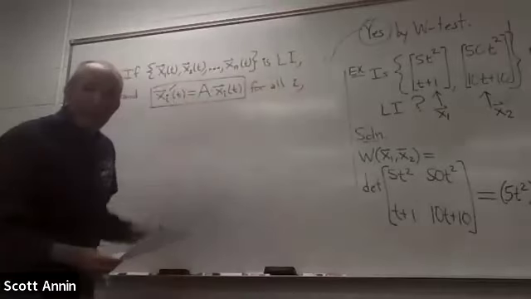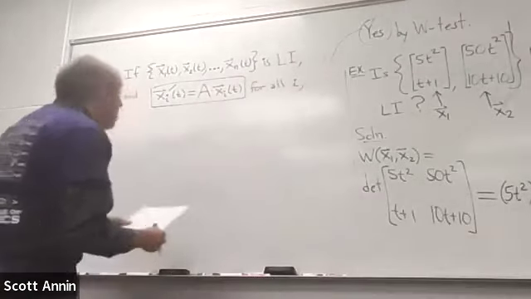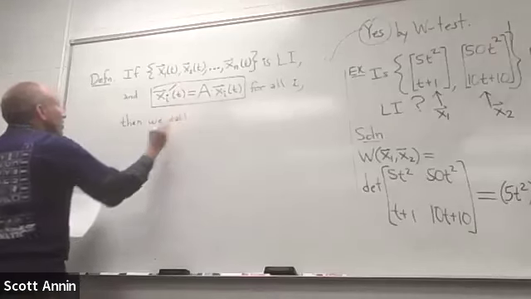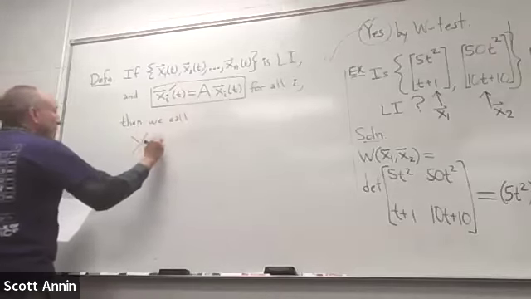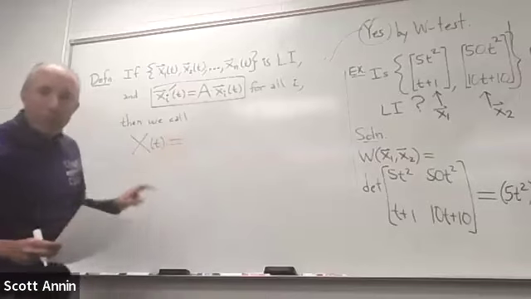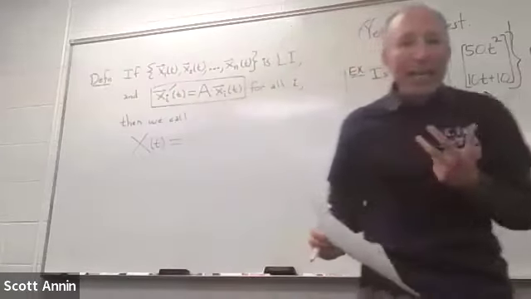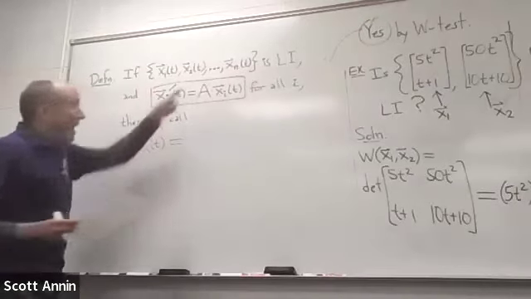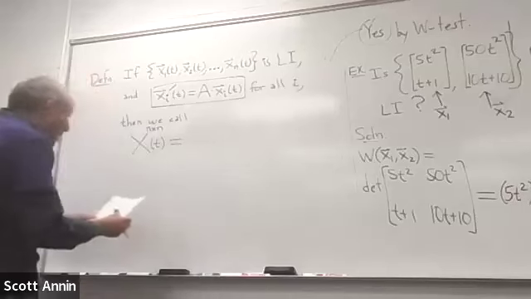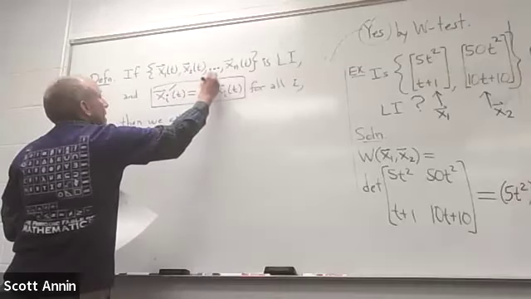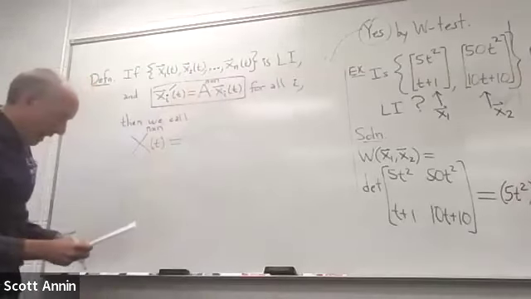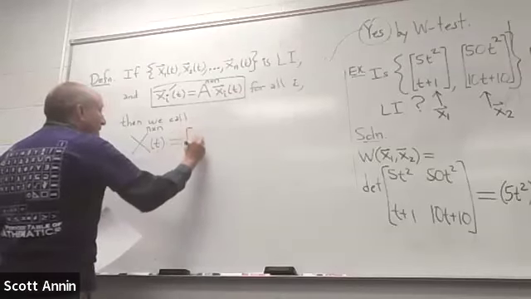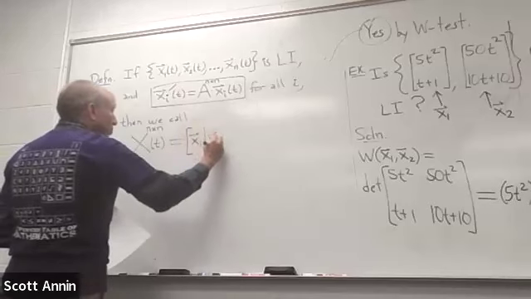That's what that is. If we know that, then we call the matrix, which I'm going to create here, and this is a definition, generally written as capital X of t. This is also going to be an n by n matrix, just like A itself was. So let's be very clear about that: A is also n by n. Then this matrix is defined as essentially what the Wronskian matrix was.